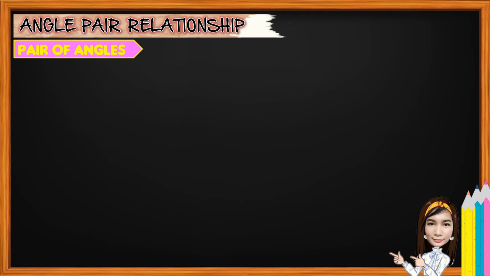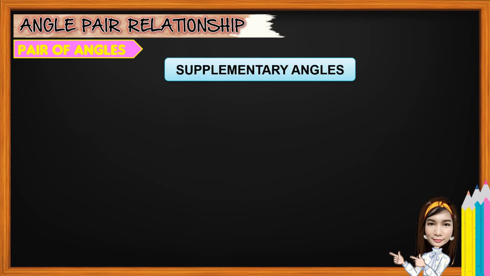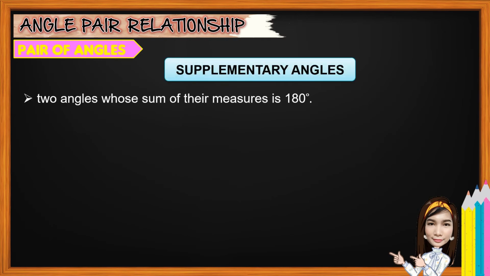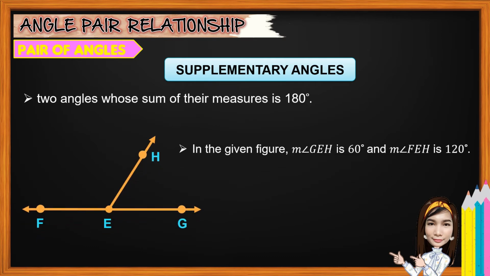Let's have another pair of angles. We have the supplementary angles. These are the two angles whose sum of their measures is 180 degrees. In the given figure, the measure of angle GEH is 60 degrees, and the measure of angle FEH is 120 degrees.